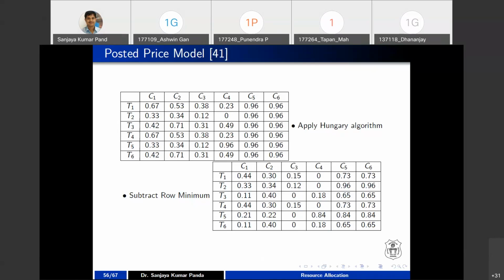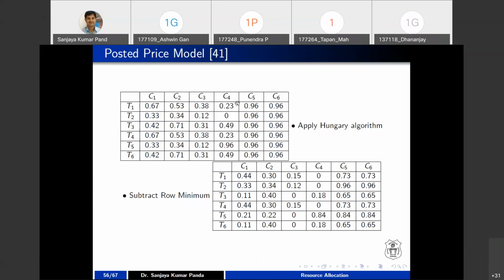So what does the Hungarian algorithm do? The very first step is to subtract the row minimum. You can see in this matrix, in the first row, the minimum is 0.23.